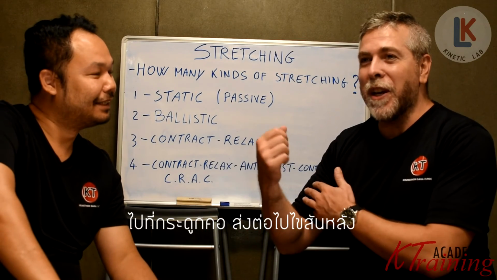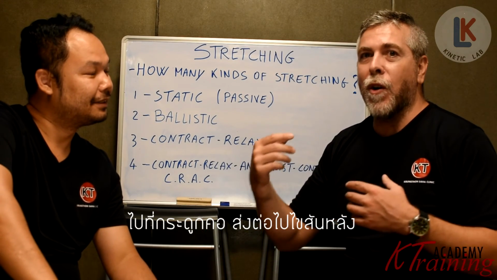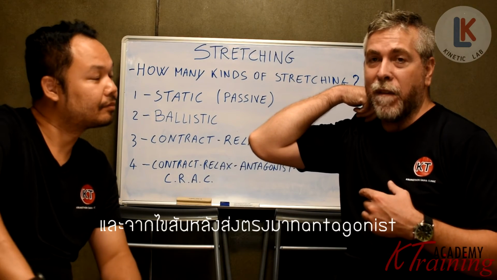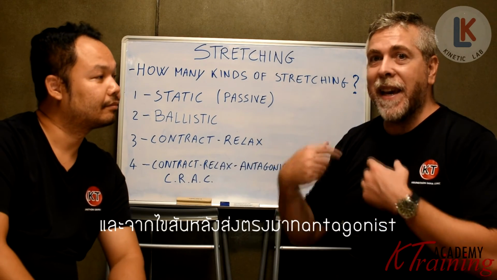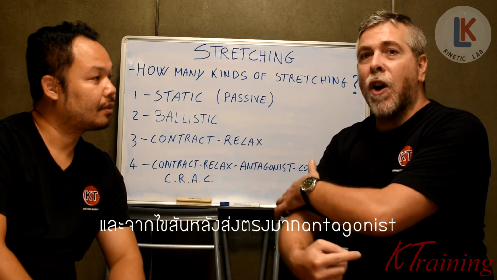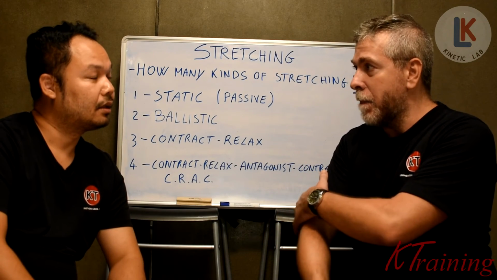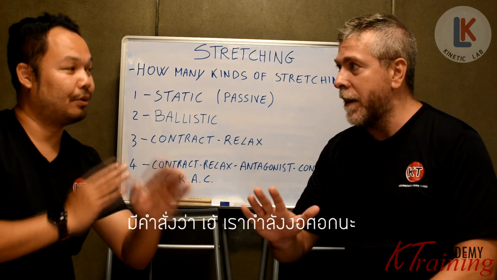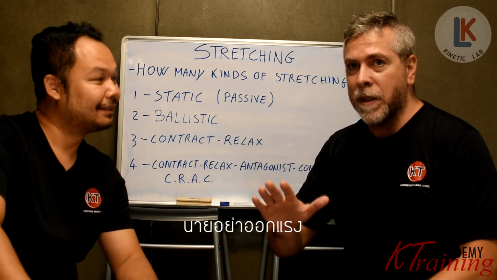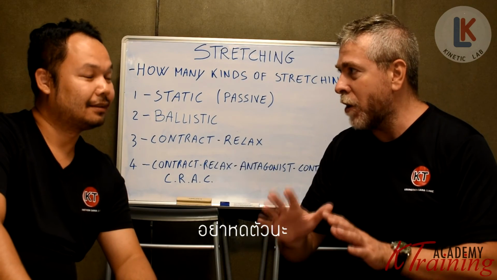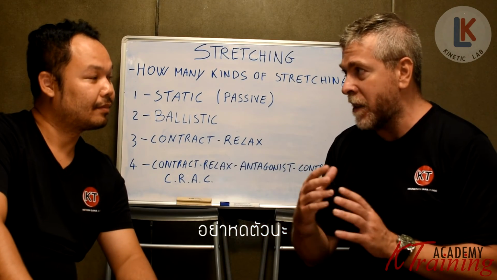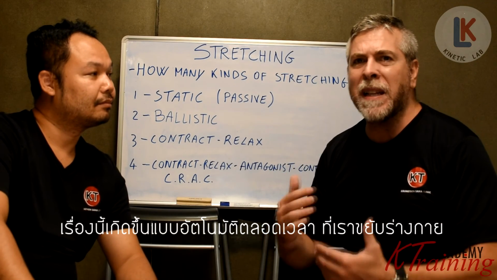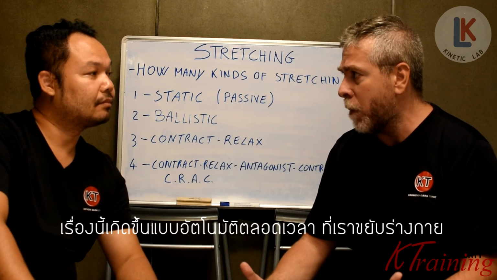It goes into the spinal cord, and from the spinal cord it takes the direction of my antagonist. The spine sends a signal to my antagonist: hey, relax, I'm flexing the arm. You stay down, don't contract, because we are going to flex the arm, we don't want to extend it. So this is something that automatically happens all the time, every time we move.